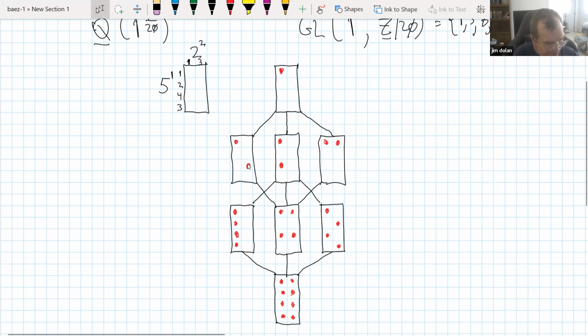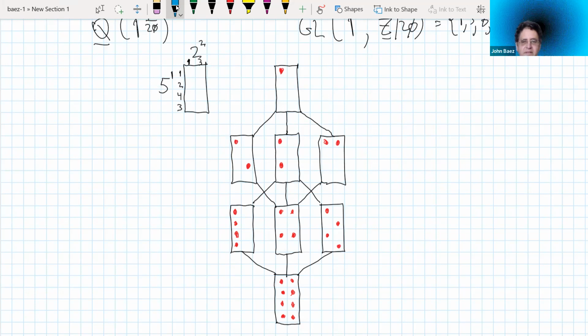And so one of the patterns that's going on here is, well, let's see. First of all, we're taking the attitude here that we're leading with the subgroups to get an understanding of the subfields, because it's very easy to have a very direct understanding of the subgroups. It's just a finite abelian group, and you just easily see all of these subgroups as we're drawing them.